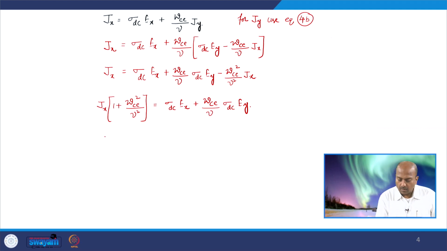Or, with further algebraic simplification, nu square plus omega ce square divided by nu square is equal to sigma dc times Ex.